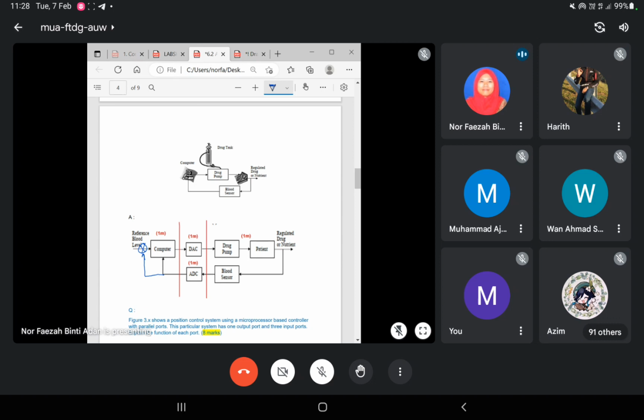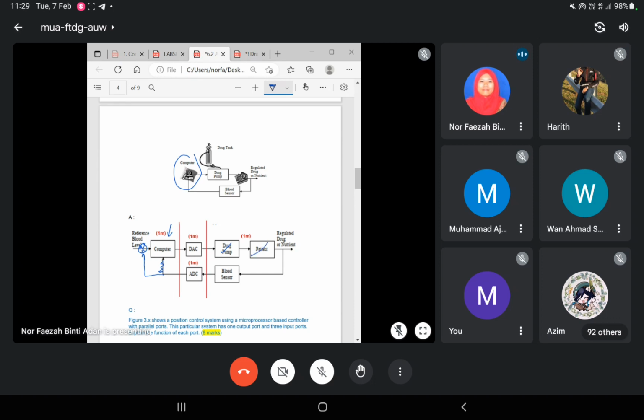So saya draw kat sini summing junction. And then it goes to the computer. Dia dah draw kan ni you punya block diagram a little bit. And then it needs a DAC after the computer because it needs to convert to analog before it can go to your output device. Okay, so drug pump is your output plant.